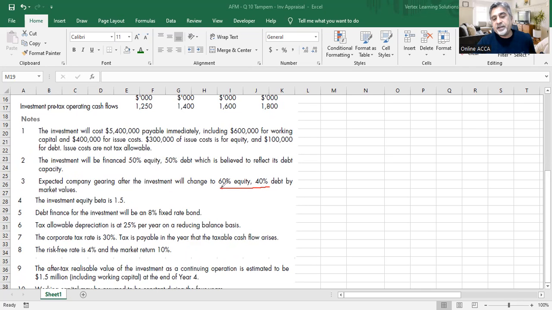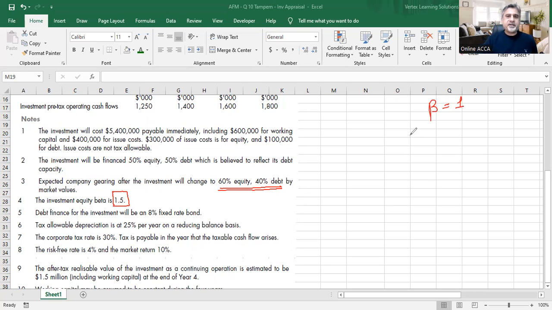You see your gearing is being changed. If your gearing is changed by this new project, with NPV you actually have to reconsider because your company gearing is changing. The investment equity beta is 1.5, which means that this investment is offering a risk higher than the market, because the market return beta is 1.